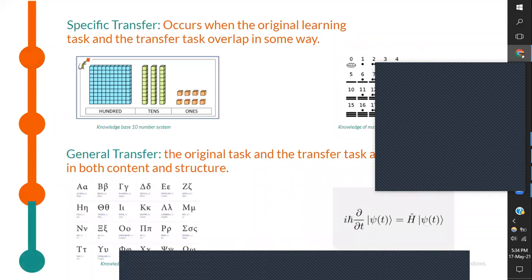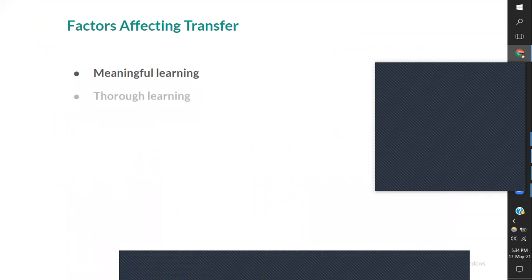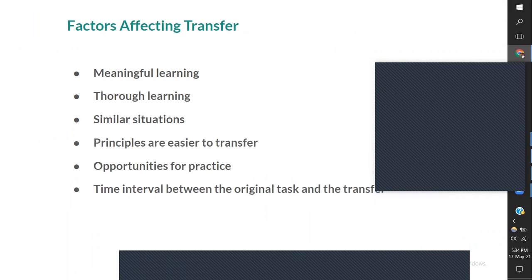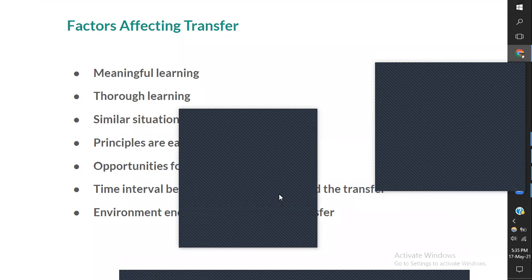Transfer entails different types: general transfer, specific transfer, near transfer, and there are factors affecting transfer. Transfer doesn't always happen automatically. There are things that we need to foster before transfer occurs. Right. So. But what if we have a diversity of learning?